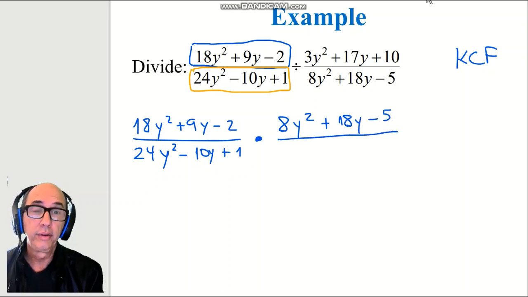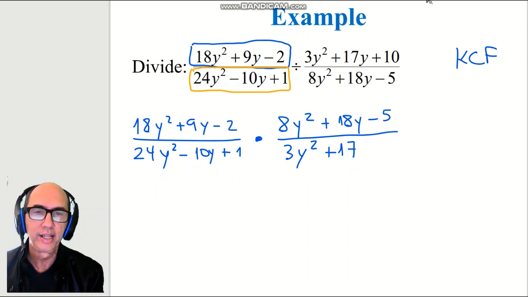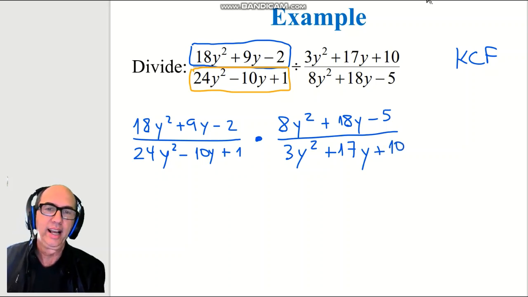Okay, and just remembering, flipping is not the technical or the official name of this that we're doing. We are finding the reciprocal. Yeah, it's flipping.